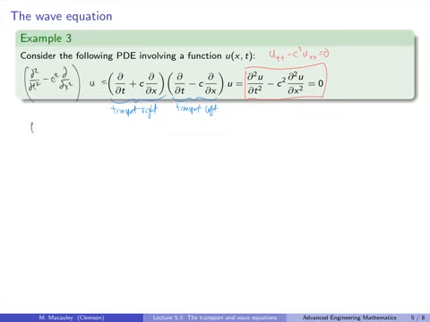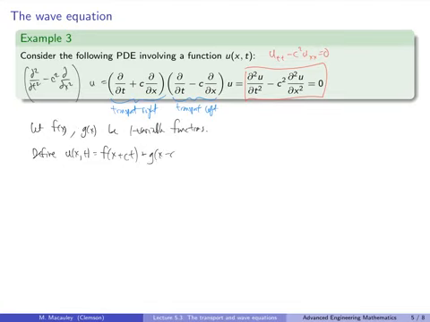So I'm going to now define f of x and g of x to be one variable functions. And I'm now going to define u of x, t to be f of x plus ct plus g of x minus ct.